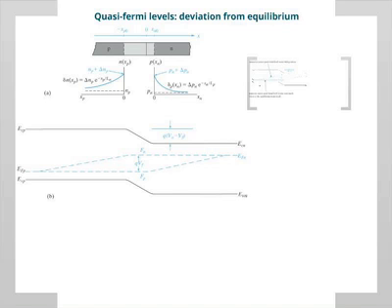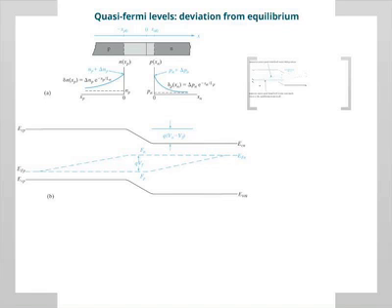And on the other side, the opposite happens. Okay. So you see, far away, you have a Fermi level which is close to the conduction band because of n-type. That is the same as equilibrium. But as you get closer to the junction, there are more holes here because of the carrier injection.